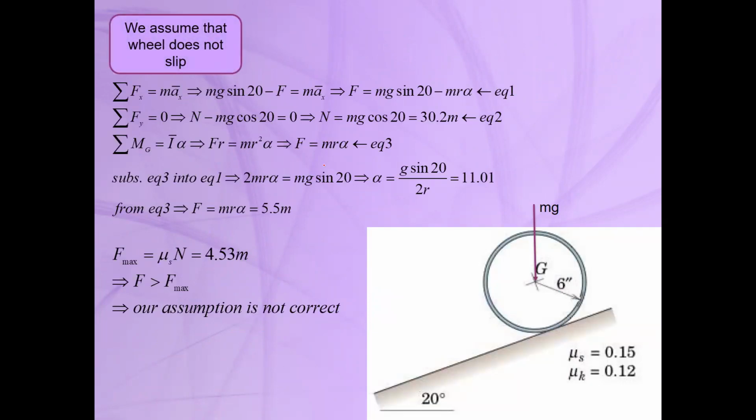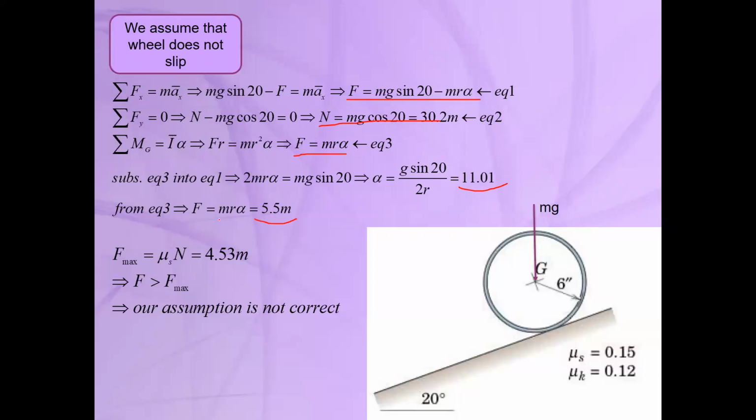So we have three equations. The first equation is the force equation in x direction. The second equation is the force equation in y direction. And the third equation is the moment equation about the mass center. By solving these three equations, you can obtain that alpha is equal to 11.01 and F is equal to 5.5 times m, where m is the mass of the hoop.